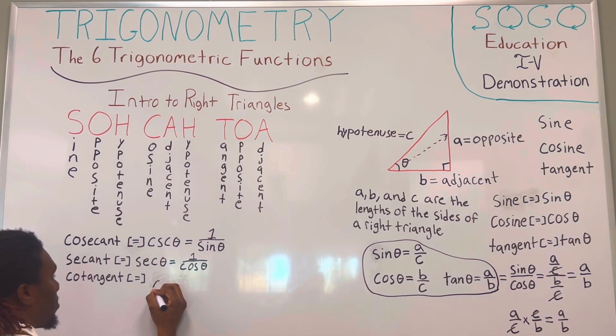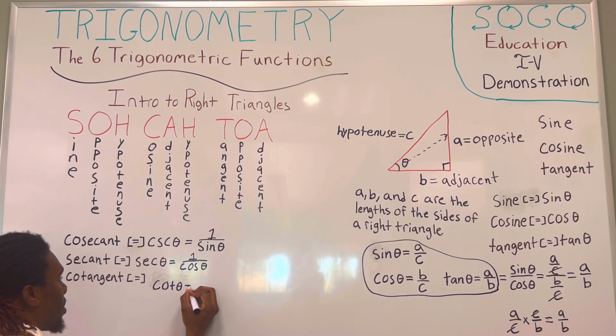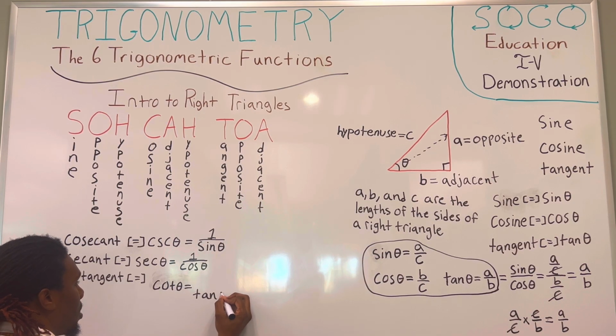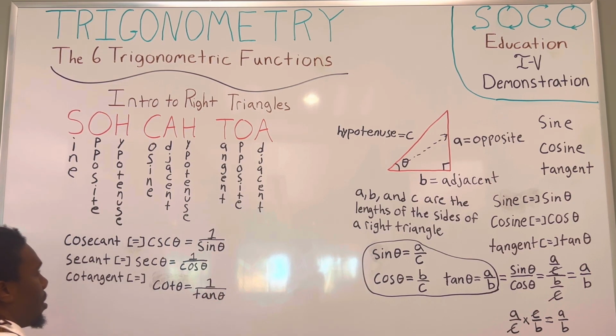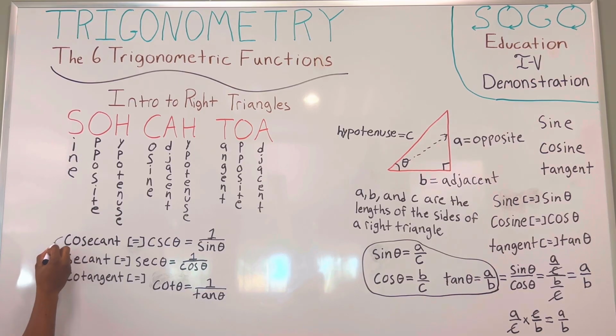And then for cotangent, cot theta, you can imagine, is going to be 1 over tan theta, or of course, the reciprocal of tan theta. So you can see all these three trig functions are reciprocals of the first three trig functions.